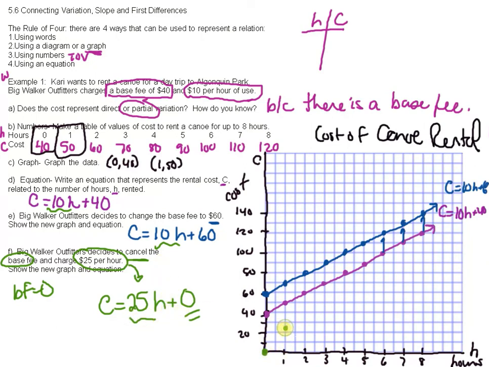So 1, 25, 2, 50, 4, 100, 5, 125. Just because these are very, very easy numbers. Okay, and it'll continue to go up because it is a line. So don't forget to label the line C equals 25H. You don't really need the plus 0, but you can. Also, we can't go back in time, so do not put an arrow on this side of any of these lines.